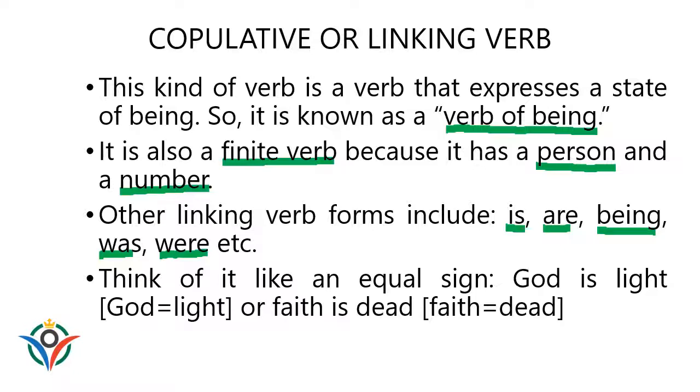And this really helps me. Think of it like an equal sign. All right, so based on our previous examples, God is light. We could say God equals light, or faith is dead, faith equals dead.